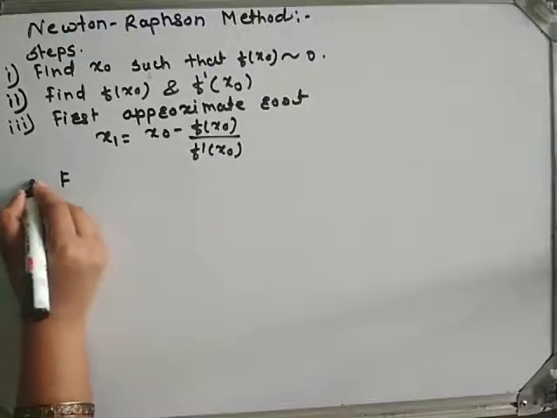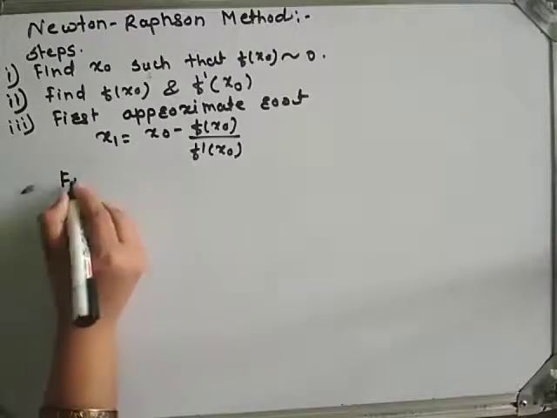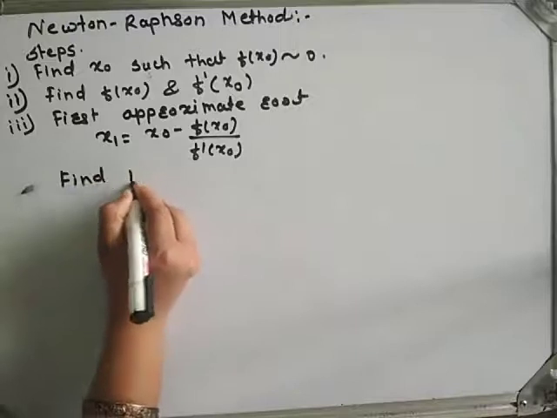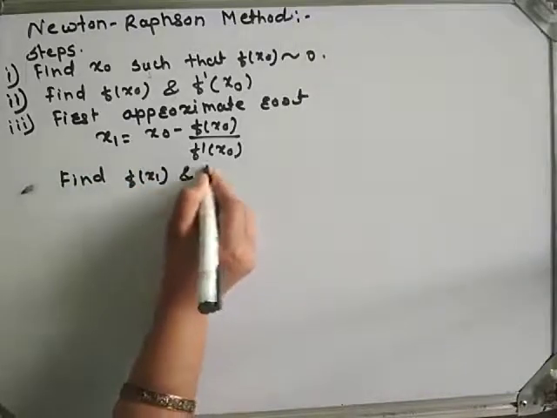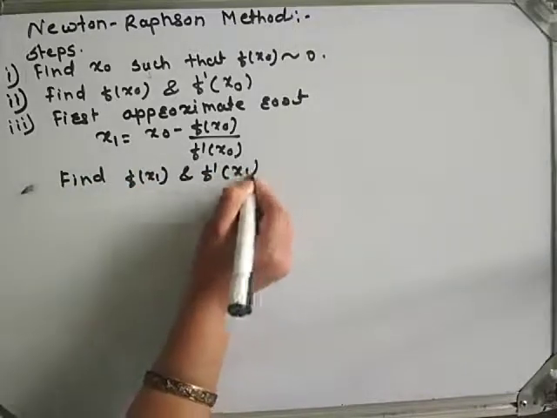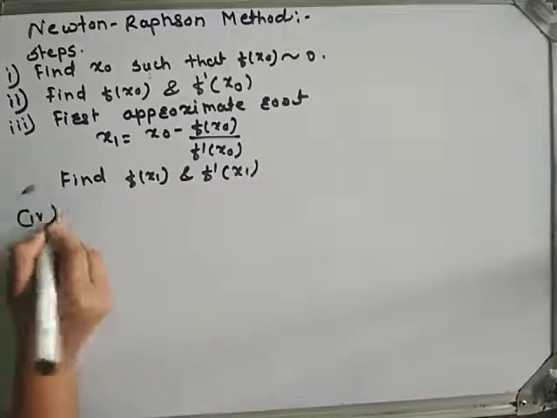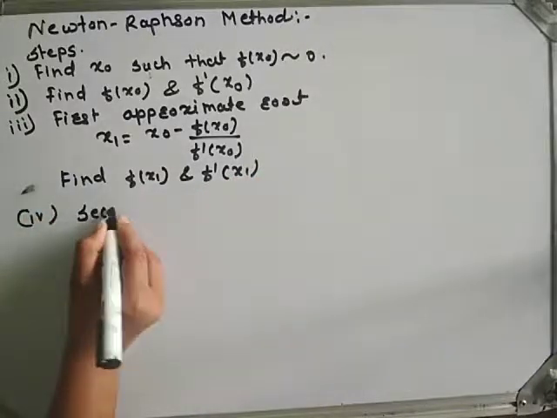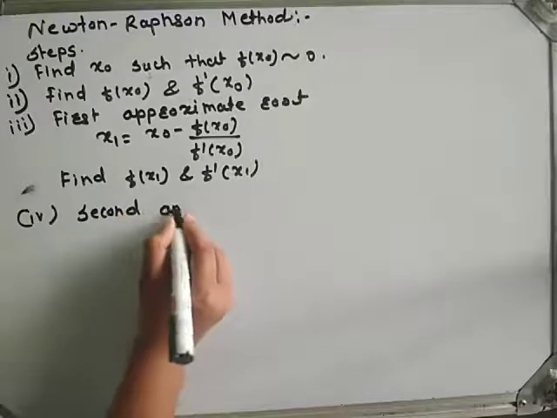In the next step, we have to find f(x1) and f'(x1). The fourth step is the second approximation root.